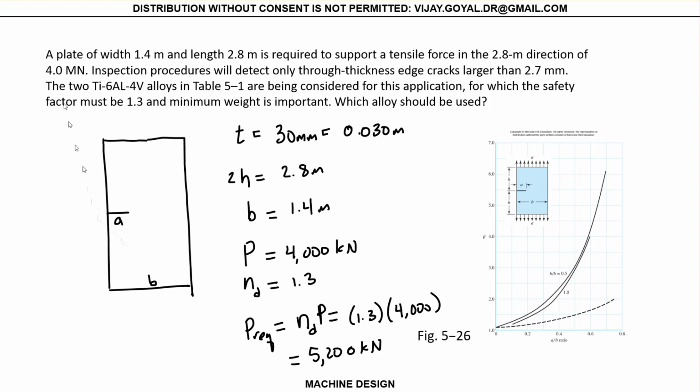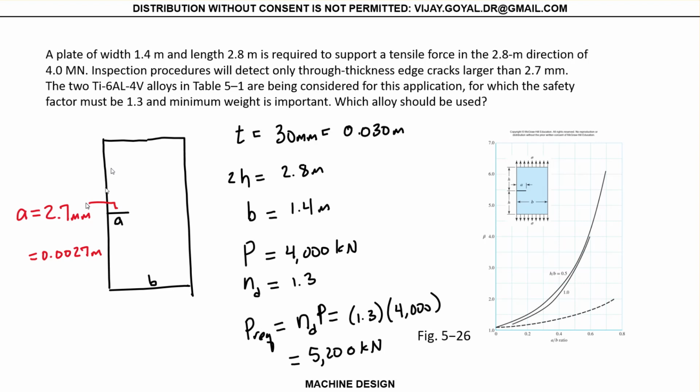Okay, in the problem, we know that it stated that your maximum A has to be 2.7 millimeters or 0.0027 meters. It's important, this conversion. You always have to work in the correct units.